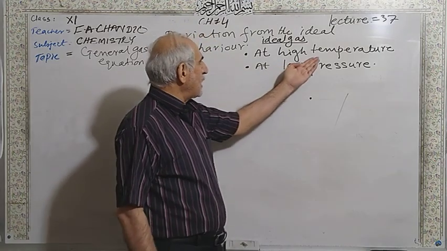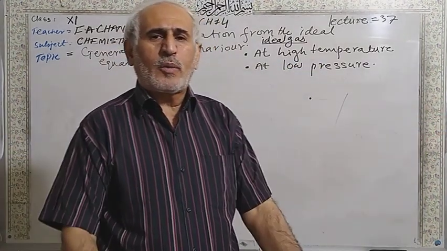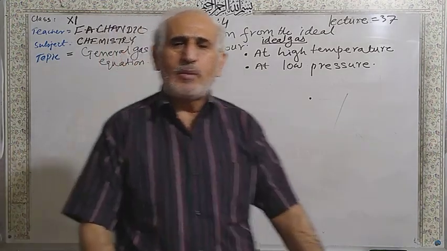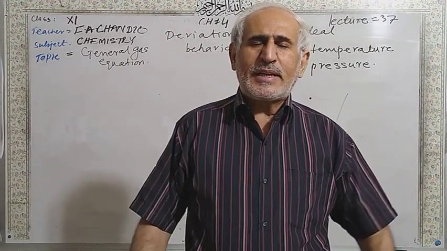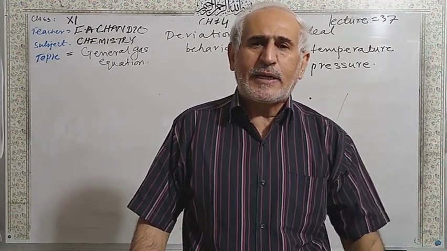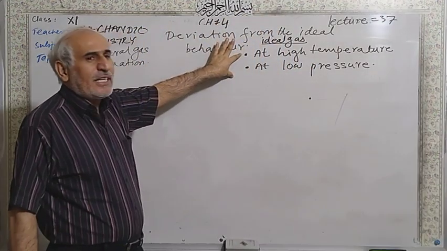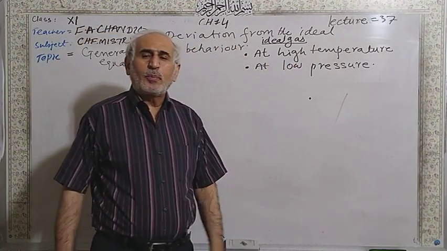So when you increase the temperature, the kinetic energy of gas molecules increases, and they become more apart from each other. When you apply low pressure, again the gas molecules are away from each other. So when more distance is present between gas molecules, the gas behaves more ideally. So these are the two conditions for the ideality of the gas: high temperature and low pressure.